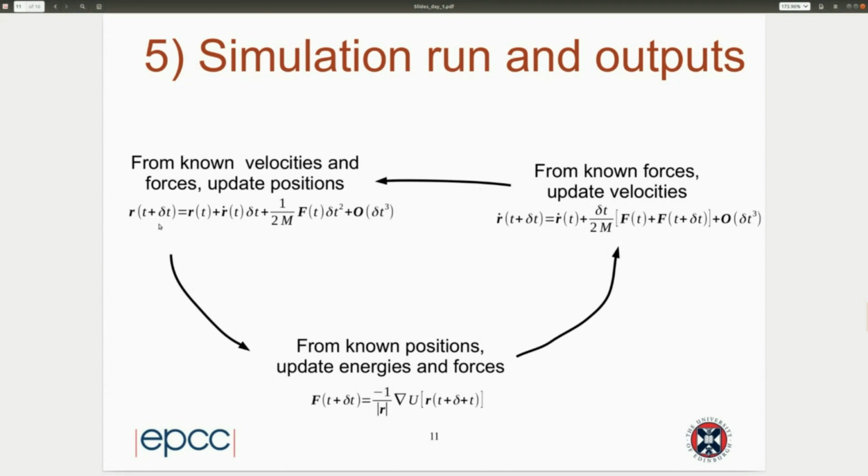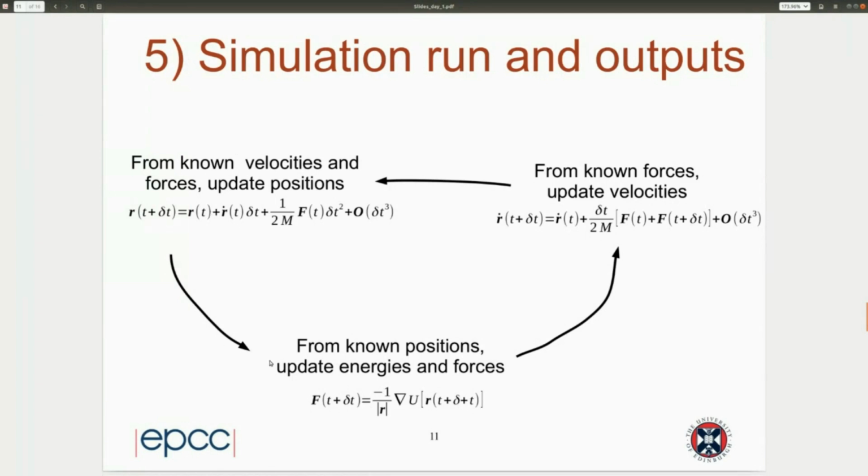You take a Taylor expansion of that, and you're able to get your new positions from your old positions, your old velocities, and your old force, multiplied by how big that time step is.